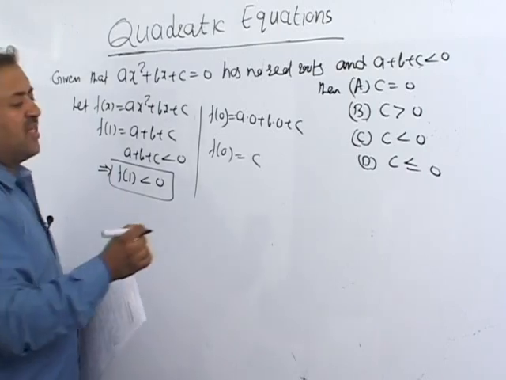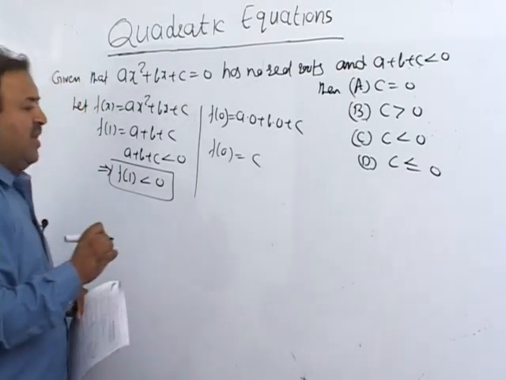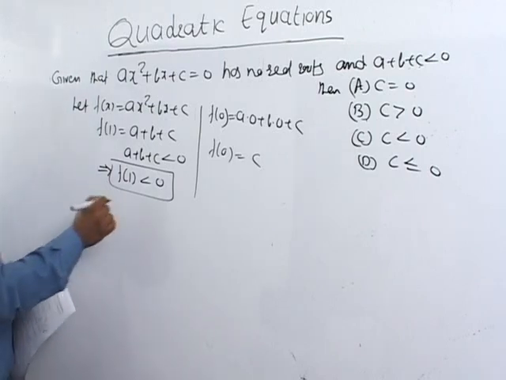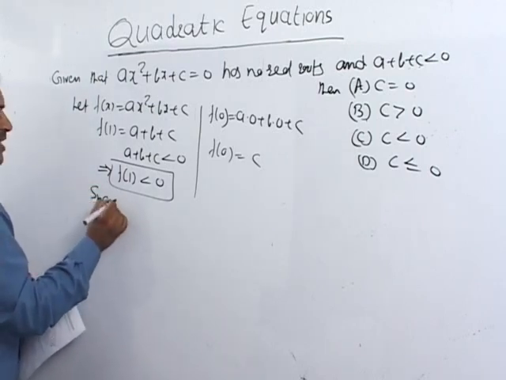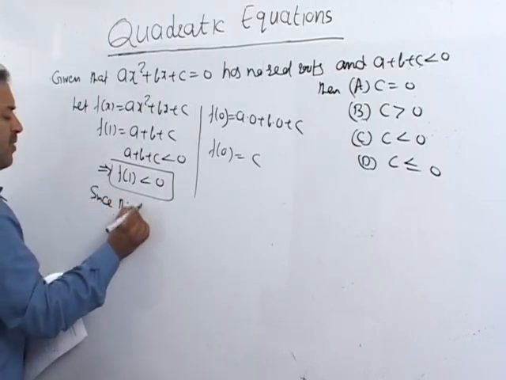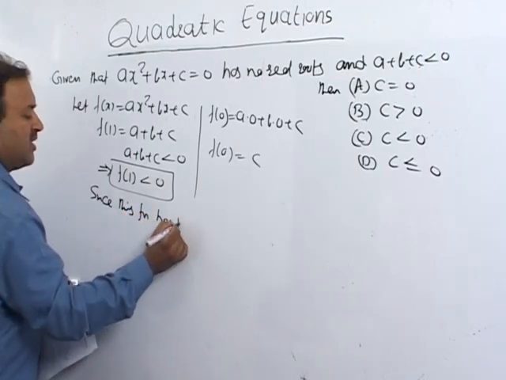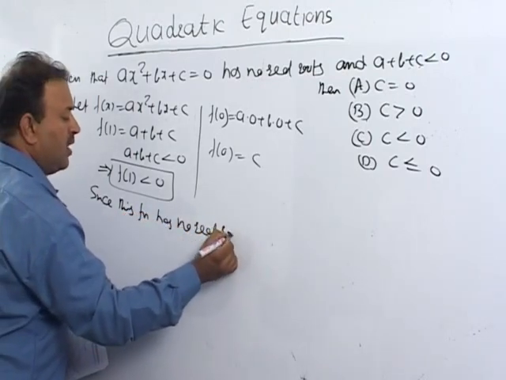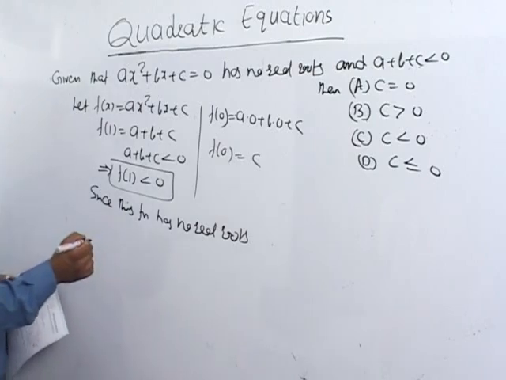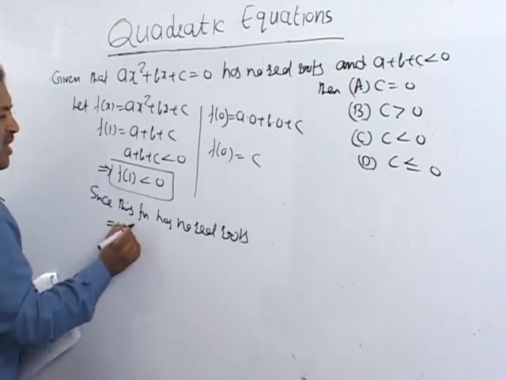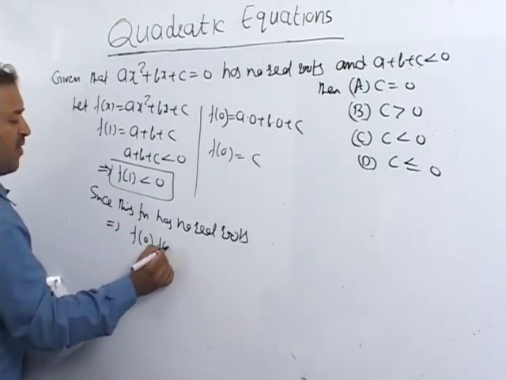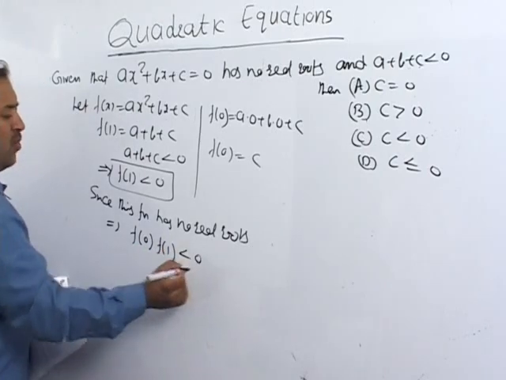So, by using this intermediate value theorem once again, we can say one thing. Since this function has no real root, meaning the curve does not meet the x-axis, I can say f0 into f1 will be greater than 0.